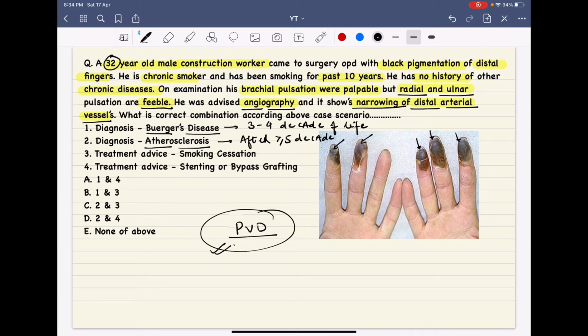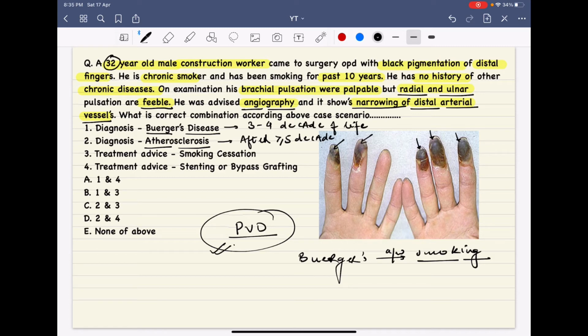And Buerger's, you all know, is associated with smoking. And for atherosclerosis, the treatment we do is stenting and bypass grafting. So we have to find out what is the correct option.